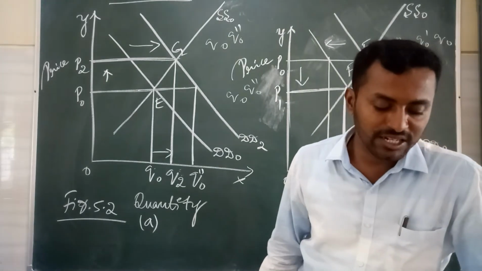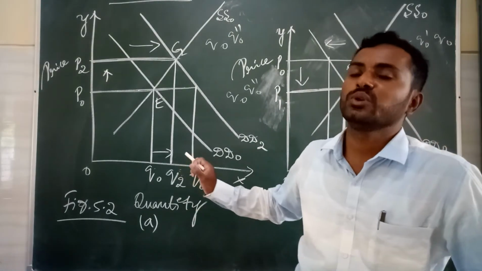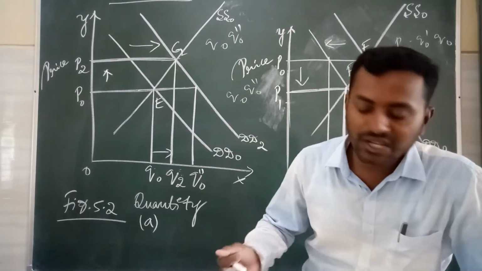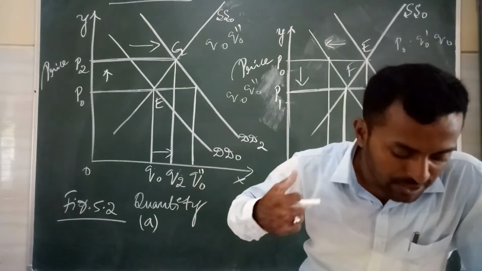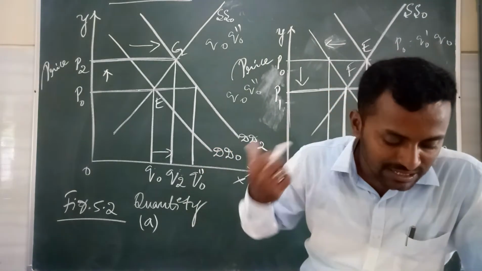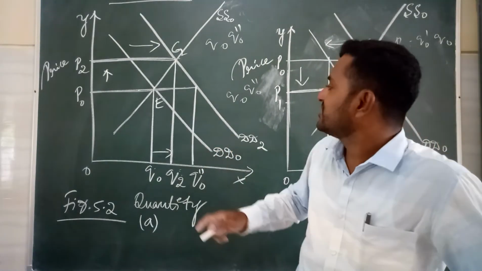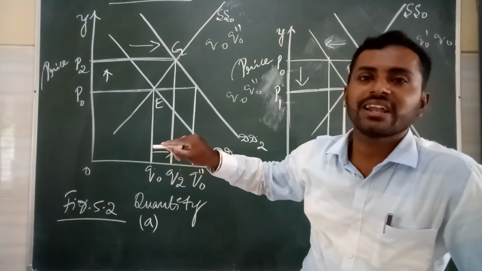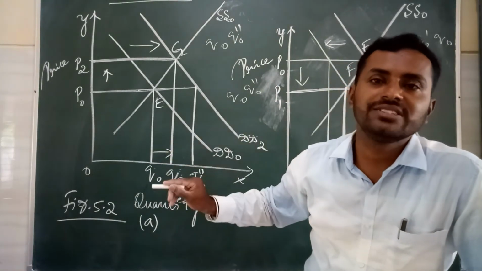In this case, again illustrated through Figure 5.2a, the demand curve DD0 shifts rightwards to DD2, with the supply curve remaining unchanged at SS0. Only the demand curve is changing.